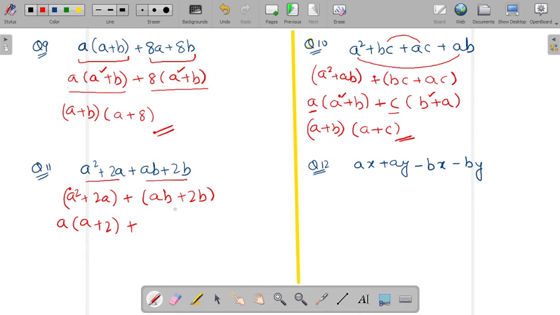From these two, what is common? B is common, so a plus 2 is left out. Now out of these two terms, can you see anything common? A plus 2 is common. So we will write a plus 2 common, and what is left out? A plus b.